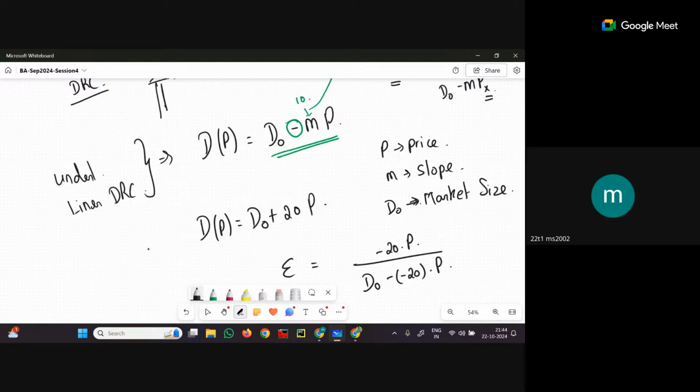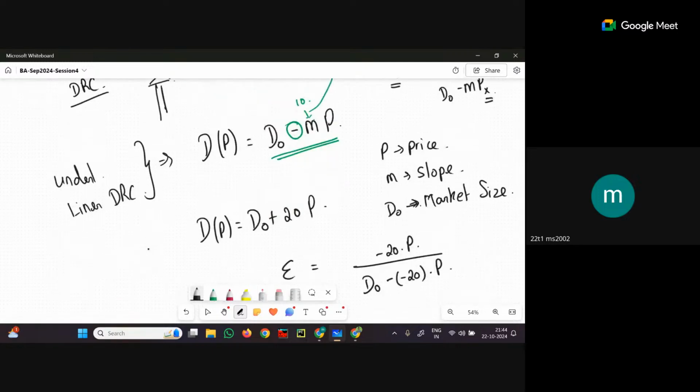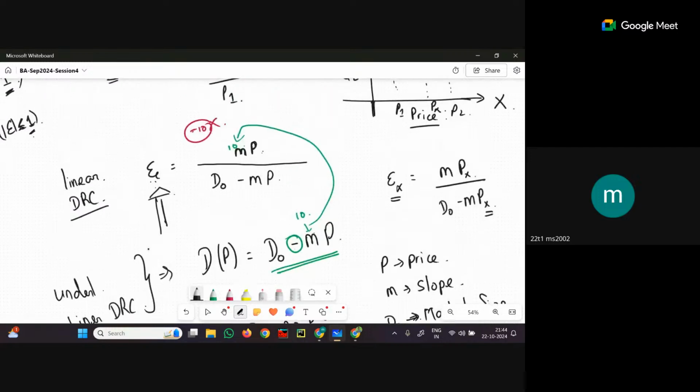So remember, this M, you will take it as a negative number if the equation is a positive sloping equation. You will take it as the absolute number if the equation itself is a negative sloping equation. Because that is how the derivation is happening. So this derivation is derived from this equation, so the negative sign does not come in the numerator and it comes in the denominator. If it was the other way around, it will be the other way around.